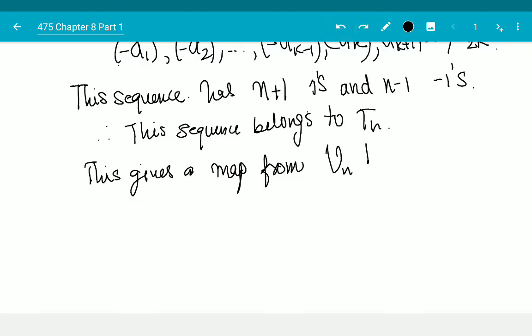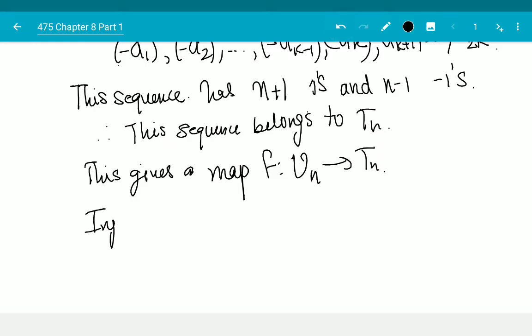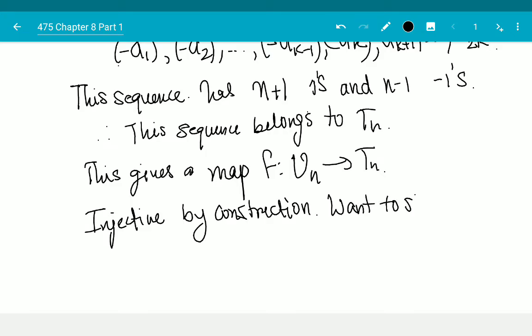So maybe I should say map f from Un to Tn. Okay. This is injective by construction. Now to show surjective.